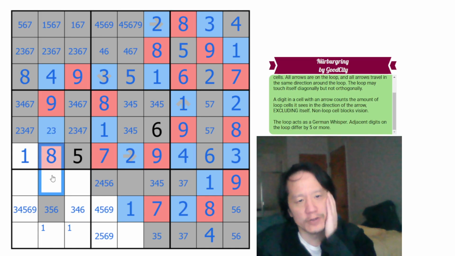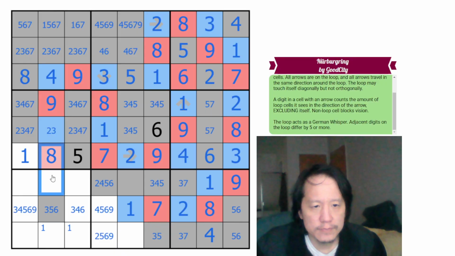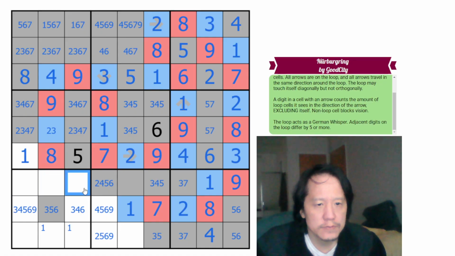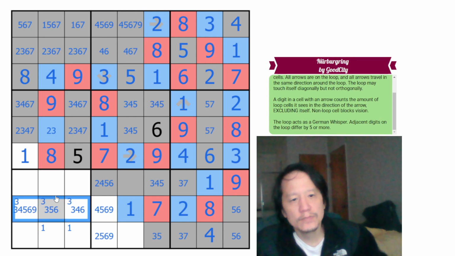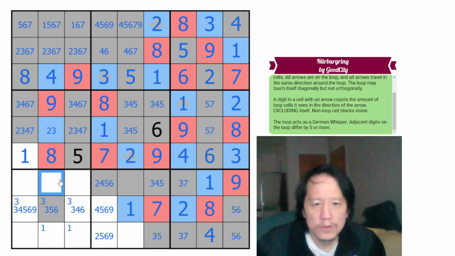It can't be the other one, though, right? This could be 8, in which case that's 3. Three has to be one of these three, because there's no other place for 3 in row 8.